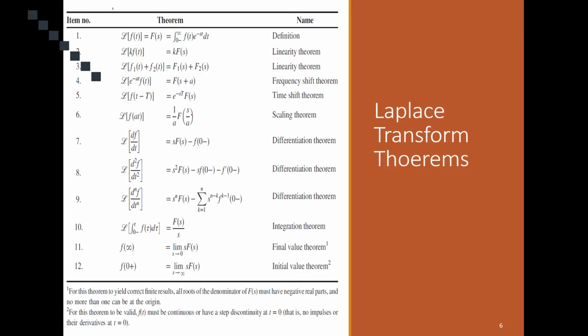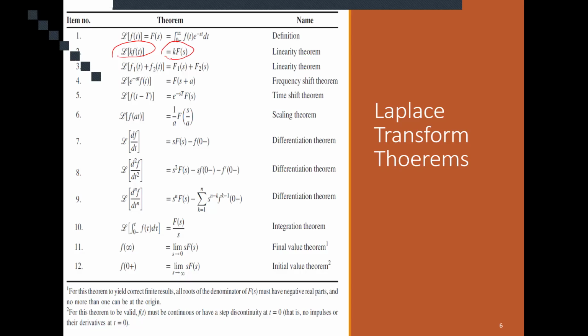Now, the Laplace transform is a linear transformation. Okay, what does that mean? That means if you have a constant coefficient k times the time function f(t), the Laplace of that is going to be k times the Laplace of f(t). So the Laplace of k f(t) is going to be k F(s).